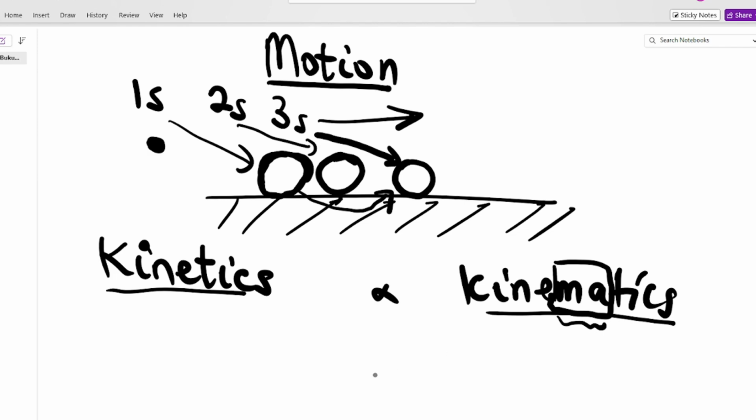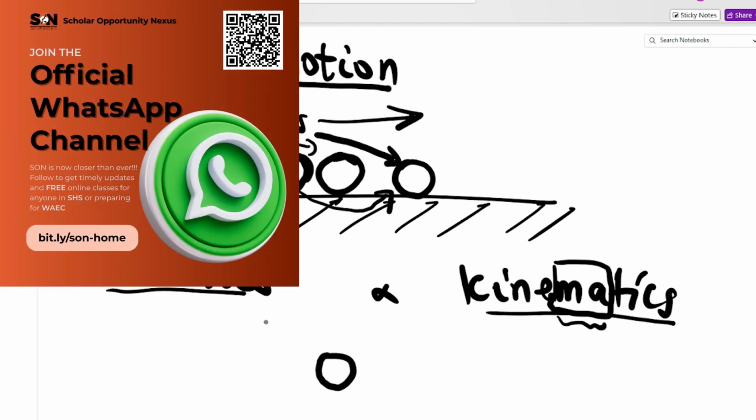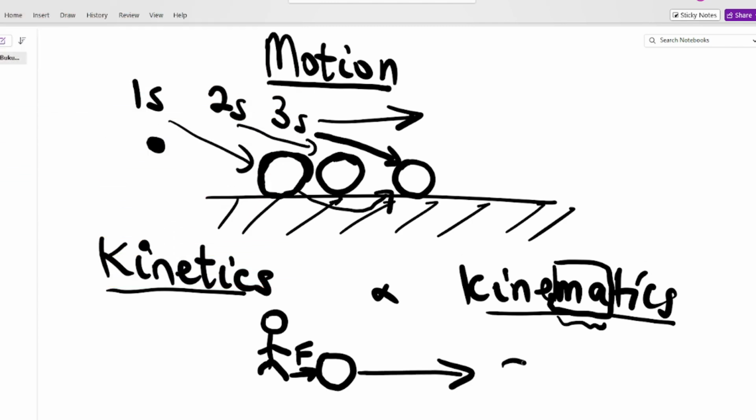The difference is this. Let's say I have the ball over here, and someone has pushed the ball with a force, let's say a force F, and the ball is finally at this position. This one is position 2, and this one is position 1. What we are considering here is the force that has pushed the ball to move from position 1 to position 2.